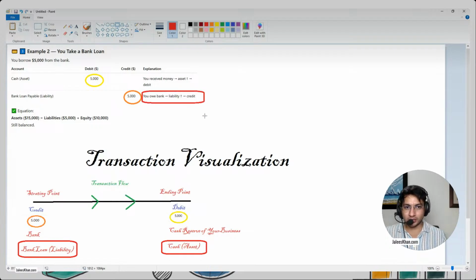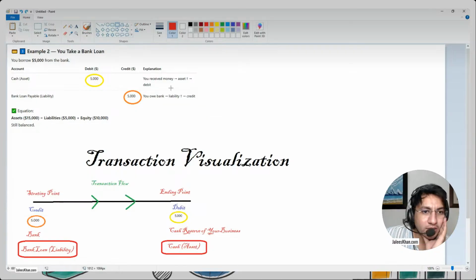That's why it is saying that we will go into this thing. What happened is that the bank gave us a loan, the liability increases, and the credit column of that liability increases, because that amount comes from the bank.